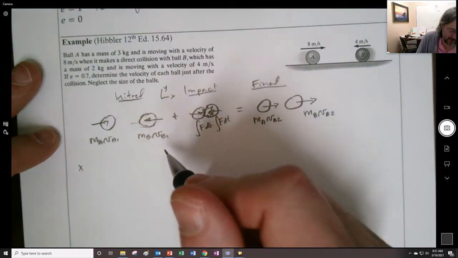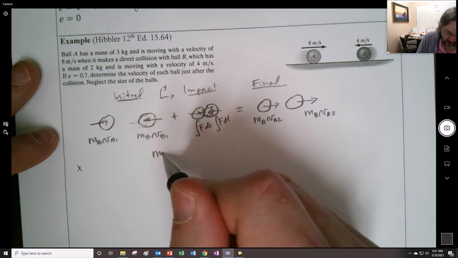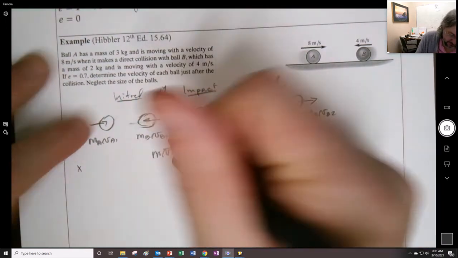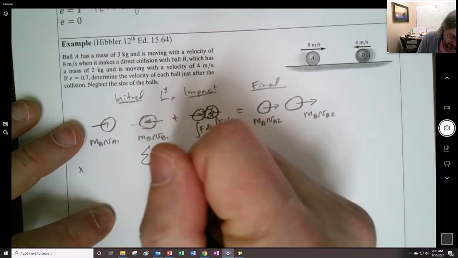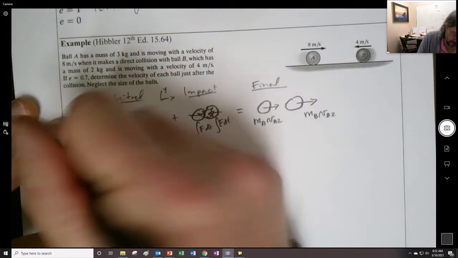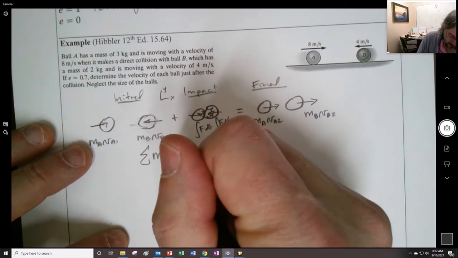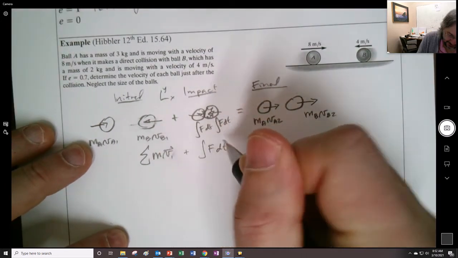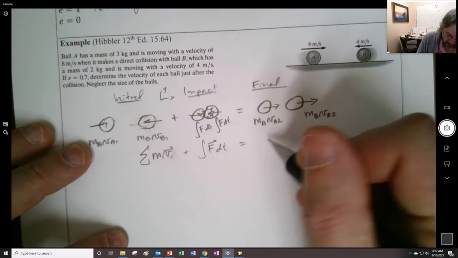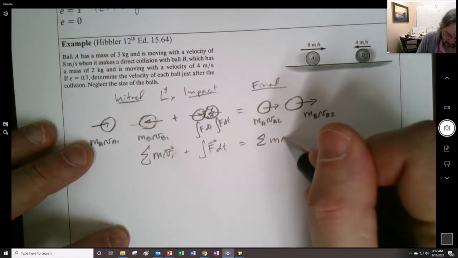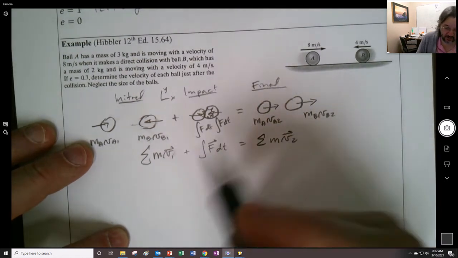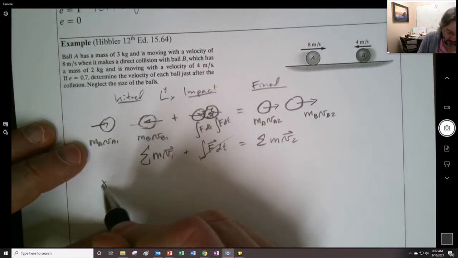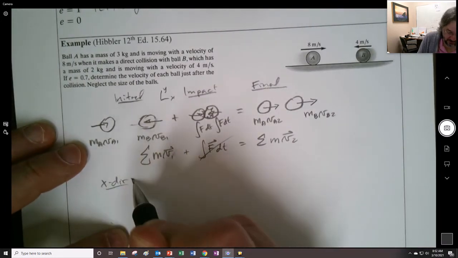Maybe I should write out the big equation right here. The sum of the particles' momentum at 1, plus the integral of F dt, equals the summation of m v2. That's the big idea right here, but we know that's going to go away, and we know that we're only dealing with the x direction here.